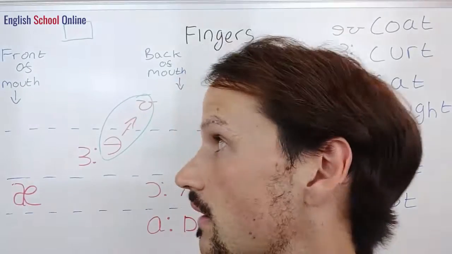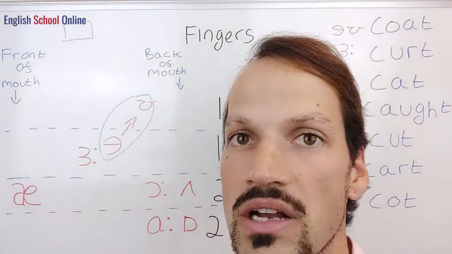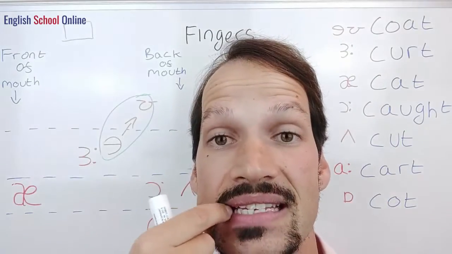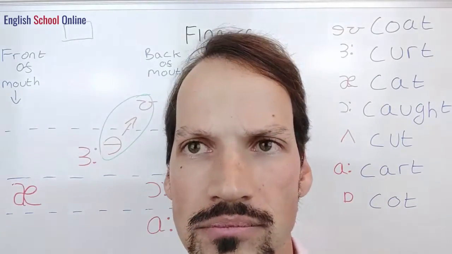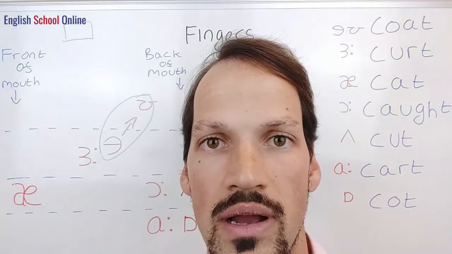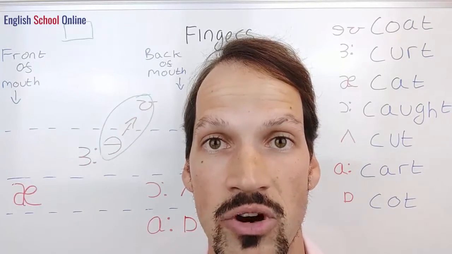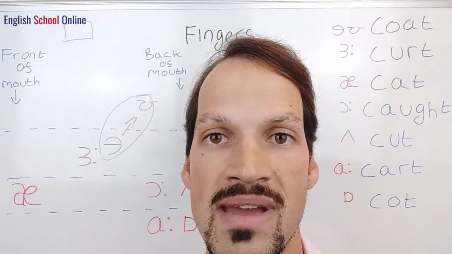So the lips are stretched wide apart. Ah, ah, ah. They're tense. Another way, and I highly recommend when you're practicing, either do it in your smartphone camera so you can see back, or do it in a mirror.